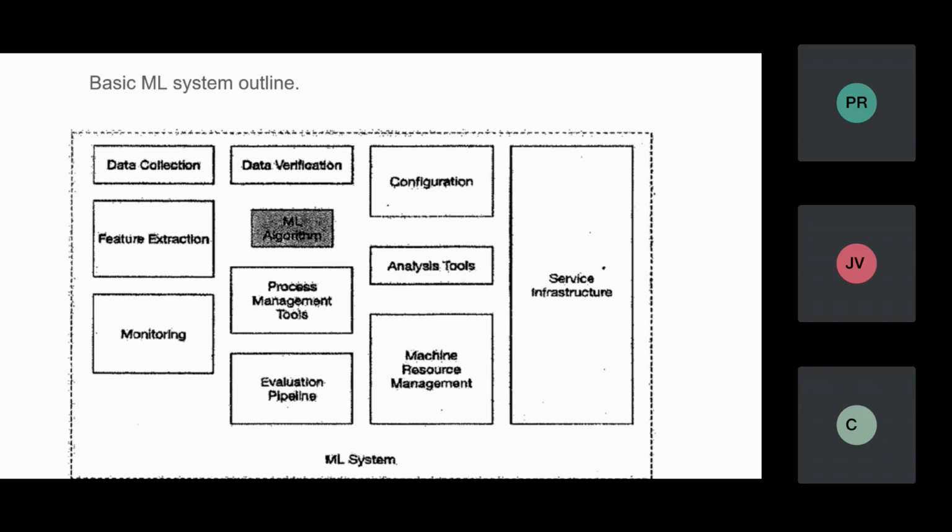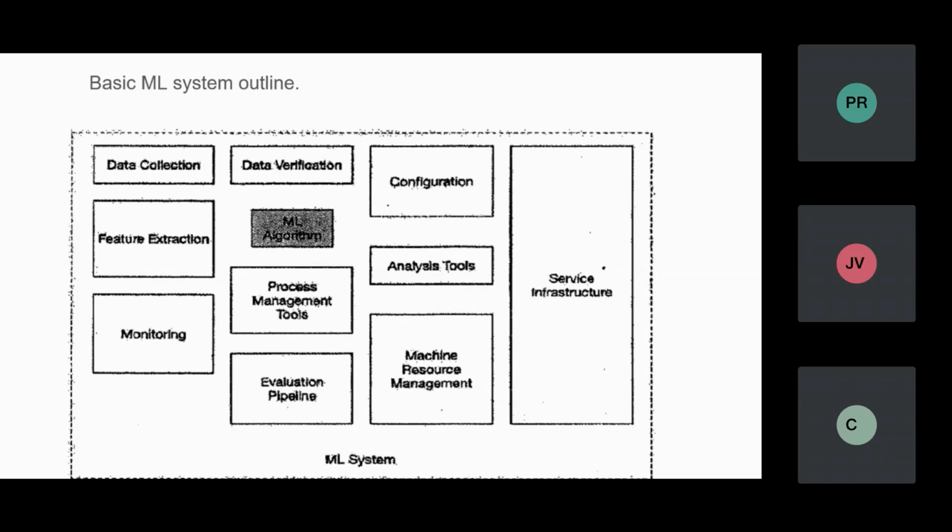So this is what a system outline should look like when we are trying to design a system. These are the components, and we have discussed the steps before designing a system. Data collection, data verification, and feature extraction can be grouped together within the data part of the system.